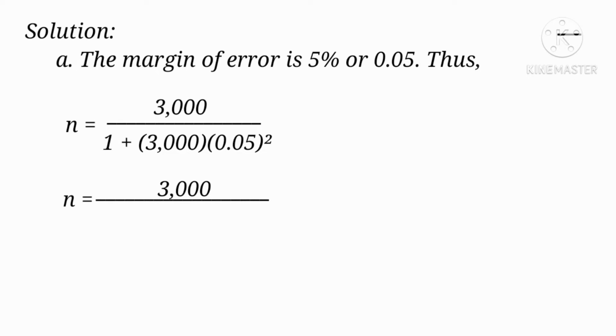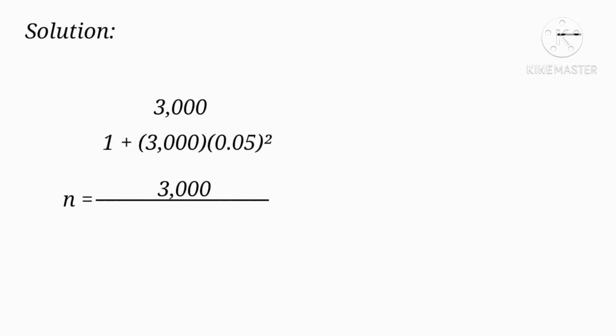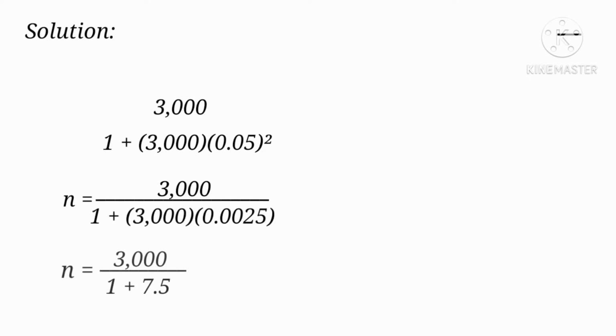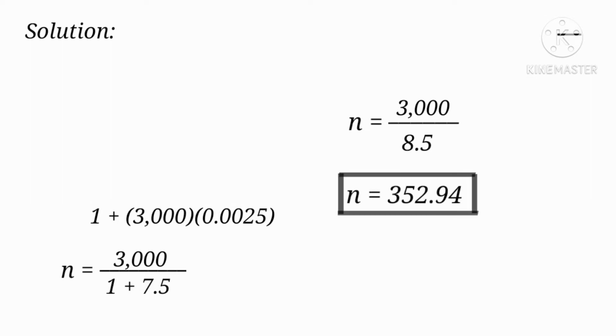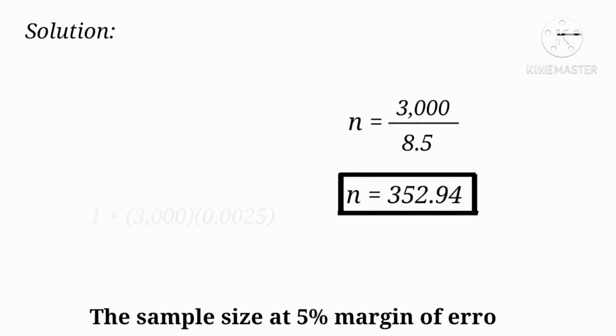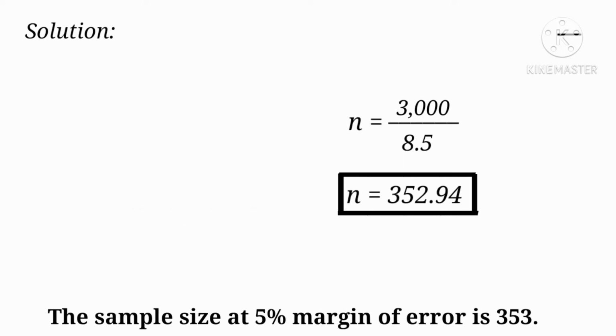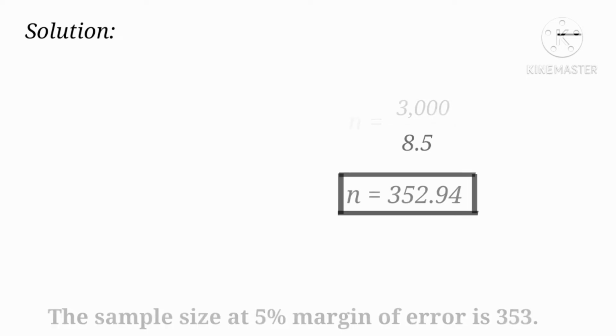So 3,000 over 1 plus 3,000 times 0.0025. So we will get 3,000 over 1 plus 7.5. And n is equal to 3,000 over 8.5 or 352.94. Therefore, the sample size at 5% margin of error is 353.